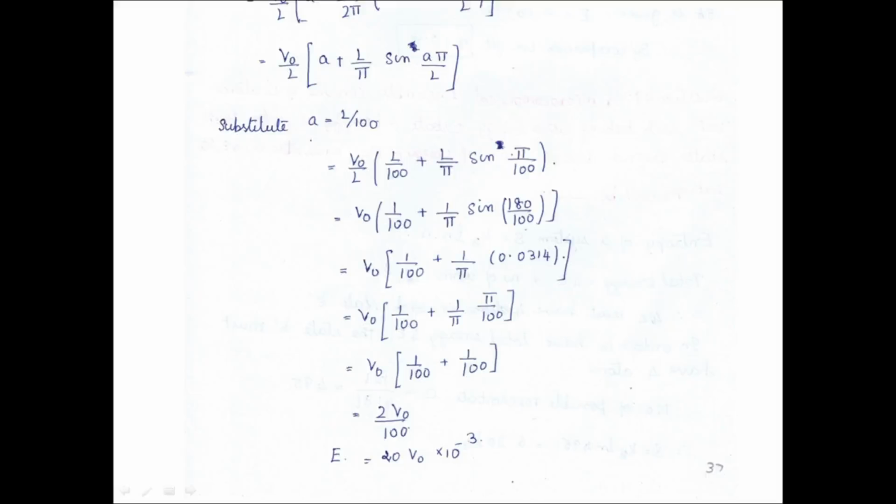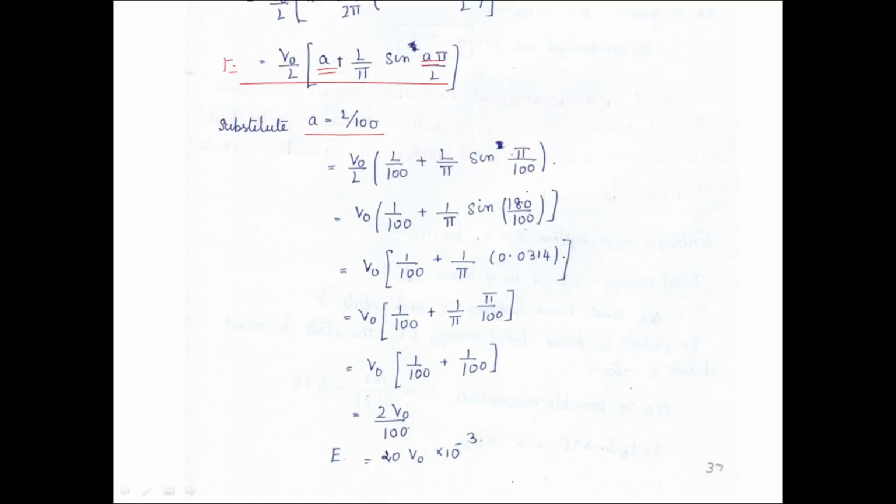In the question, they have given the value of a as L divided by 100. Now substitute in this expression of E. We will get V naught by L times, here the a term is there, so we can substitute L by 100, plus L by pi into sine of, here another a is there, substituting L by 100, we get pi by 100 as simplified.